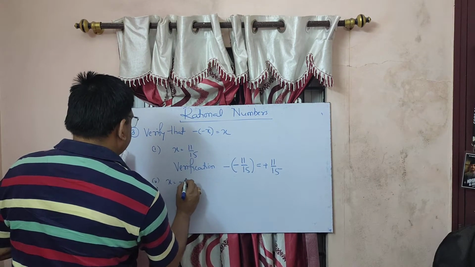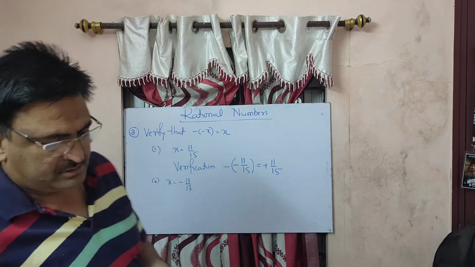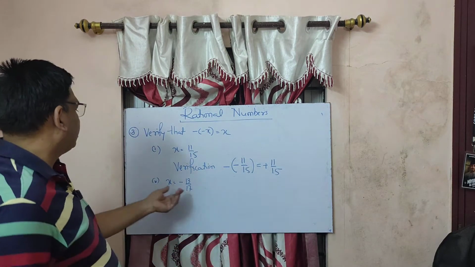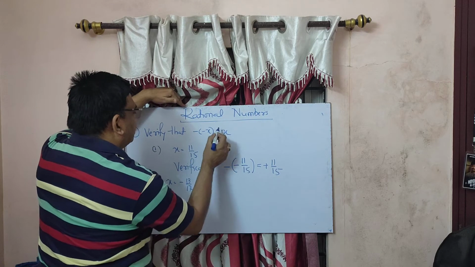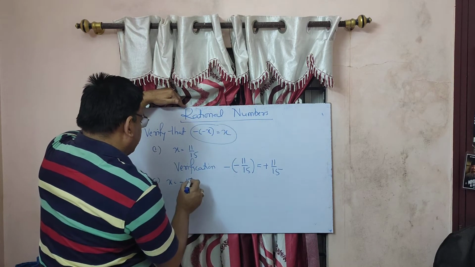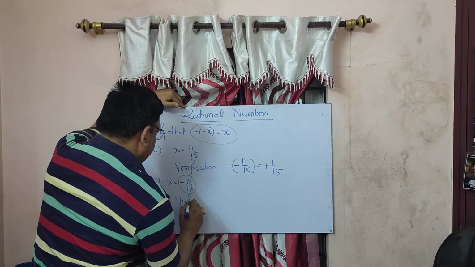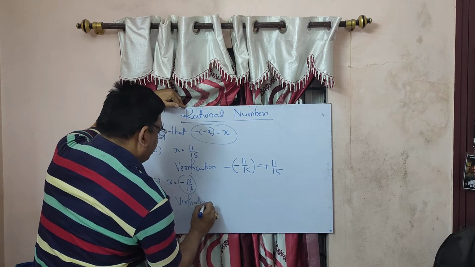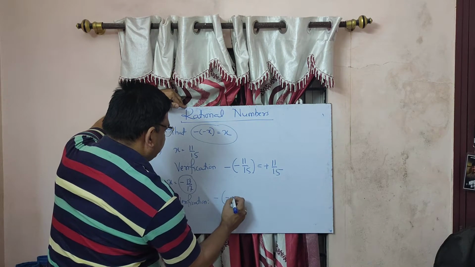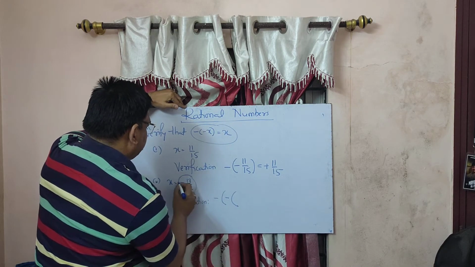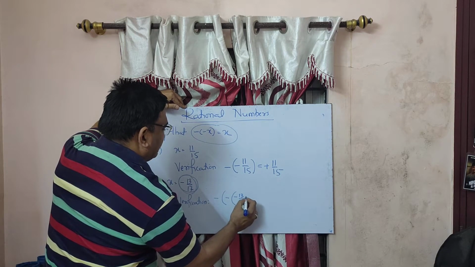X equal to minus 13 upon 17. So now it is already given minus 13 upon 17. After this we should get again this only. So this is again verification. So minus of minus. What is x? X is minus 13 upon 17.